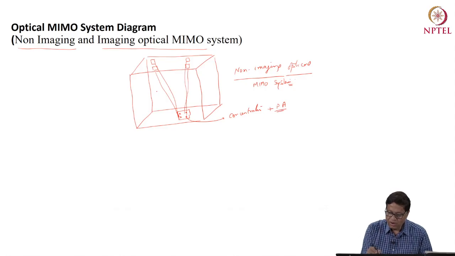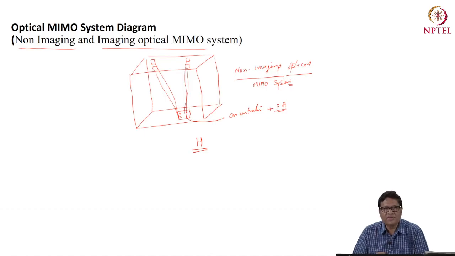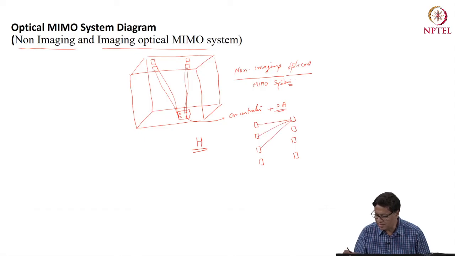Now let us try to find out the H. This is going to be a matrix, because let us try to understand this in this fashion. Suppose this is your transmitter. There are 4 transmitters, for example, and this is a receiver here, this is a receiver here. This receiver can have light from here, from here, from here, from here. Similarly, this receiver can have light from here, from here, from here, from here, and so on.